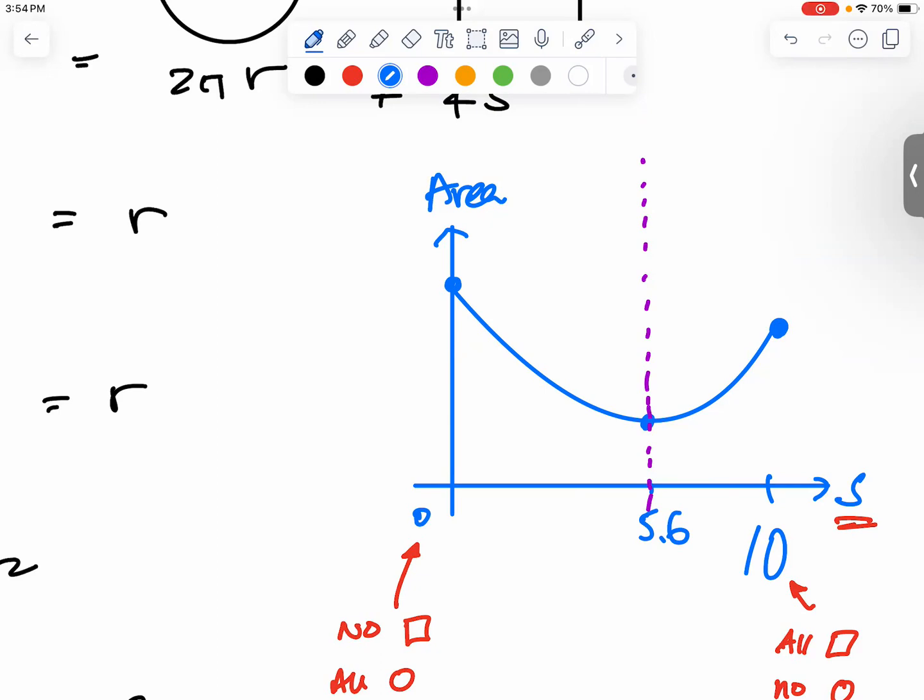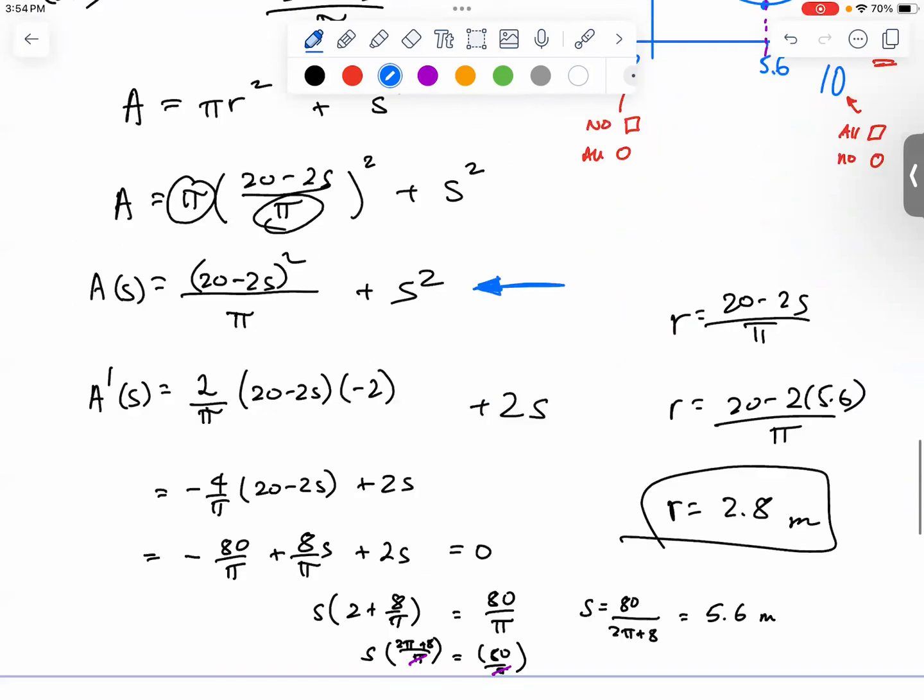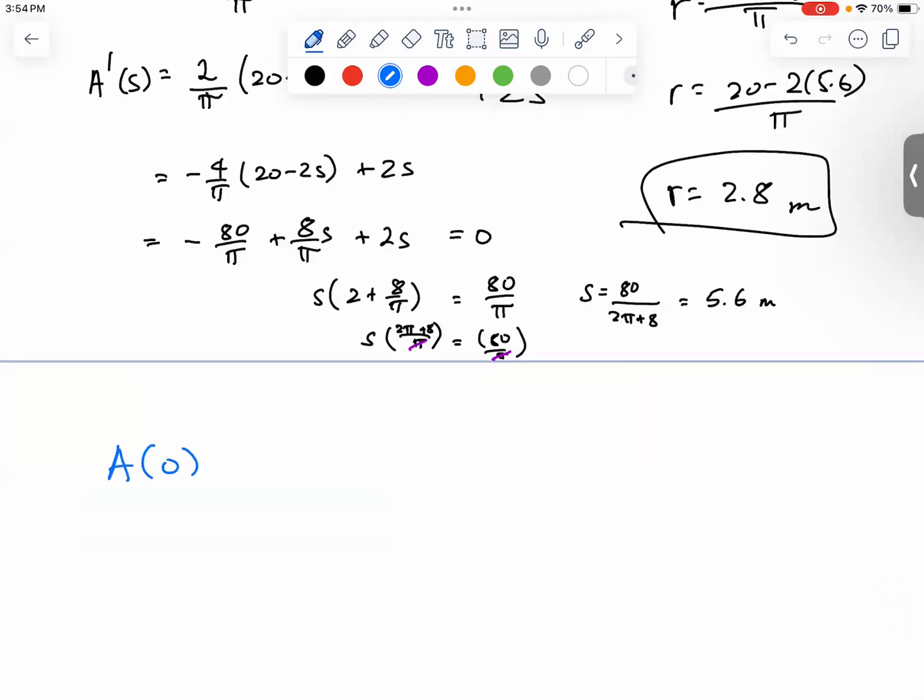Now, of course, when you are going to answer the question of the maximum, you will do the following. You will say, well, 5.6 is the minimum. So you would do the candidates test. You would actually go ahead and show your work for A of 0 and A of 10, because if the minimum is in the middle, then the absolute maximum would have to be from either end of the interval.